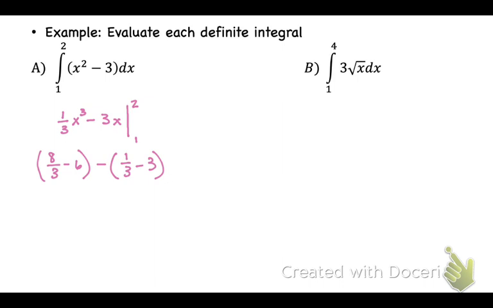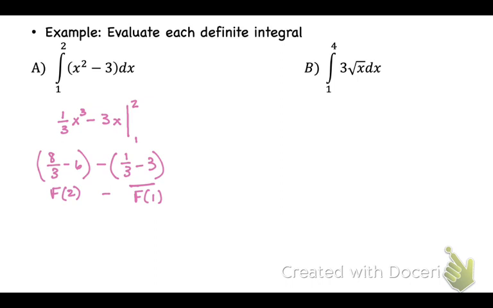Wait, can you put 2 in? Yes. 2 cubed is 8. What about the 1? 1's right here. This is f of 1 and this is f of 2. Oh, okay.